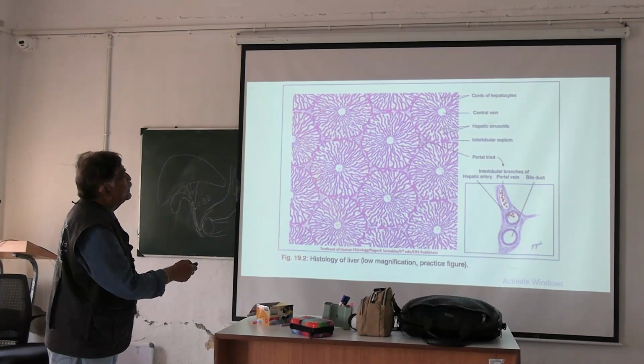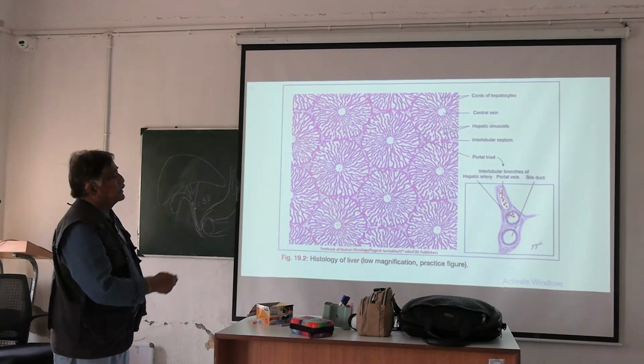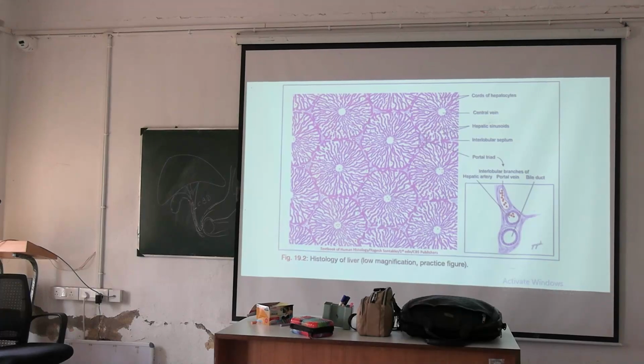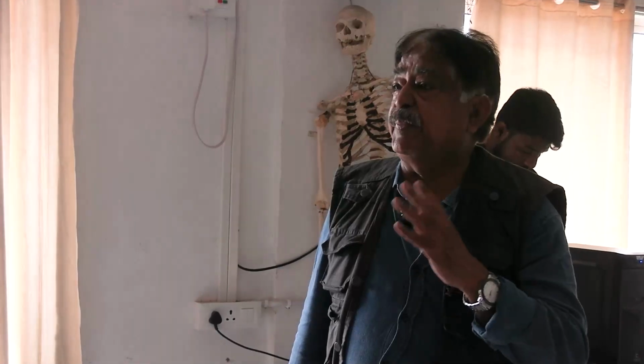Now the portal triad here. There can be a question on the portal triad: interlobular branches of hepatic artery, portal vein, bile duct. When you write a short note, you mention the portal triad and hepatocytes, and you will get your full marks. And how it appears, how it looks.